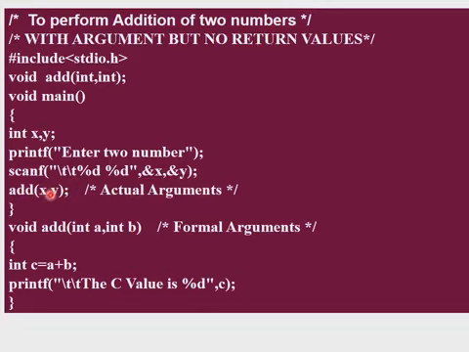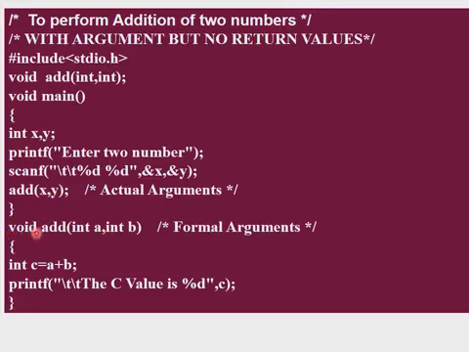So in the calling of the function, the parameters that we have passed are known as actual arguments, and the actual parameters are replaced by the formal parameters in the definition. So the formal parameters will take the place of the actual parameters.